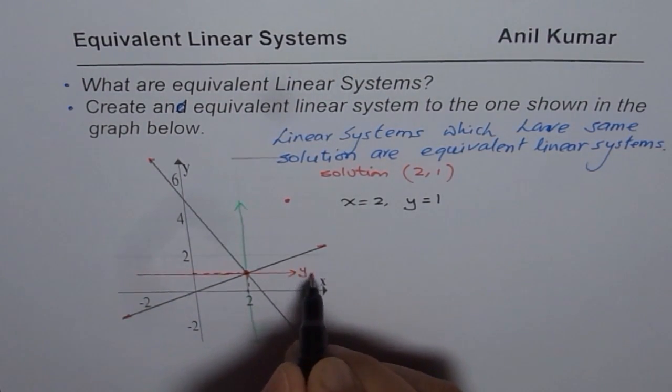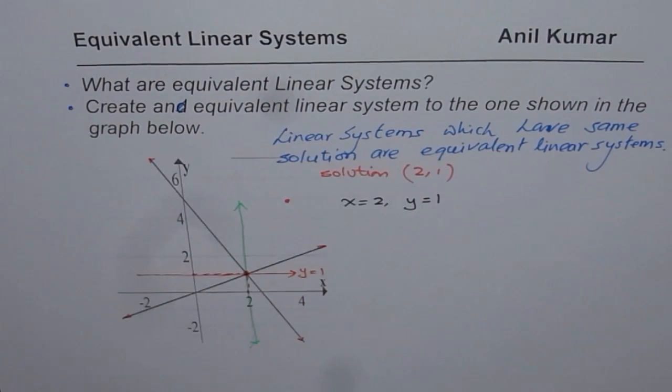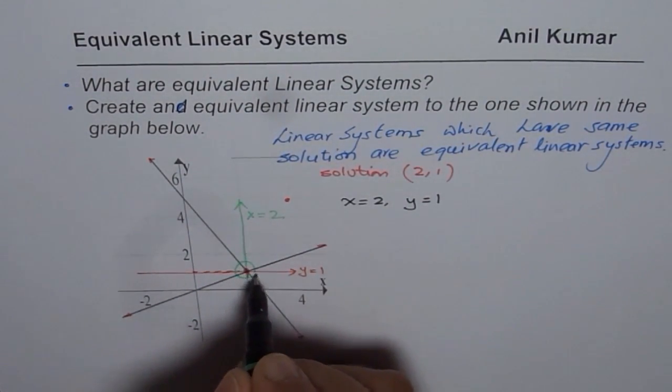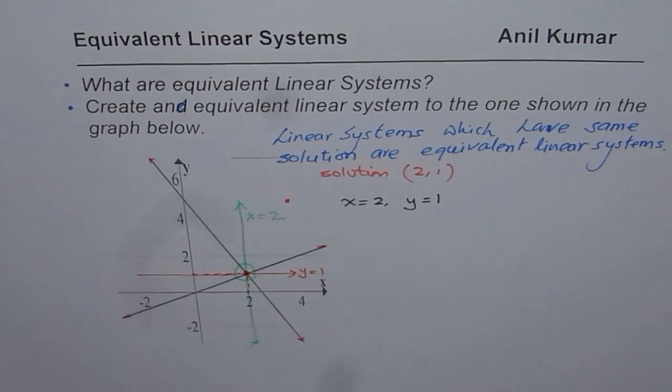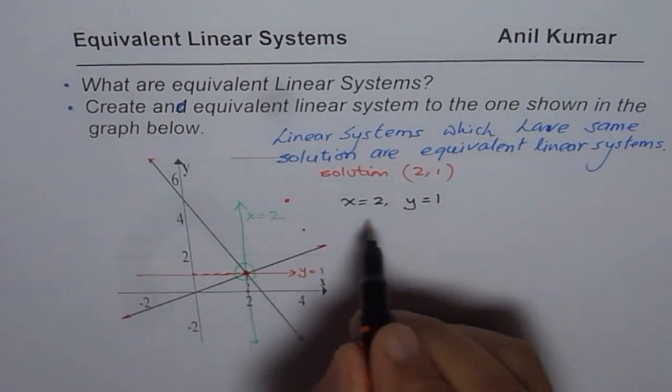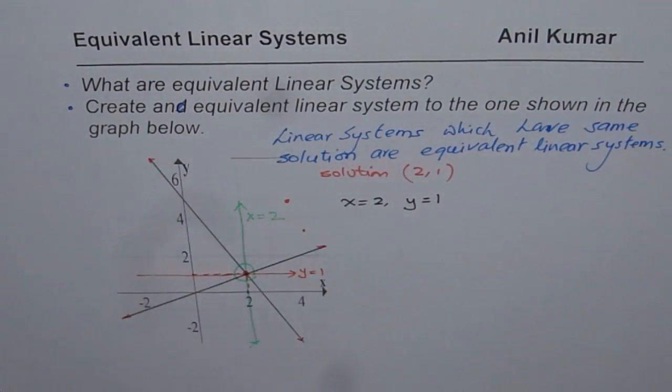Their point of intersection is also the same, and therefore from our definition we get a linear system which has the same solution as the given linear system. That is probably the simplest solution for the given question.